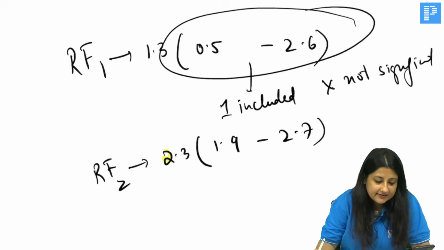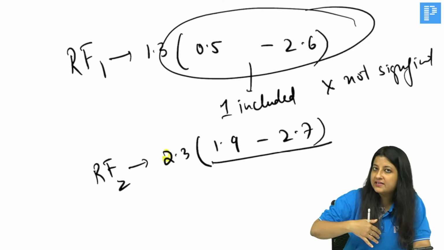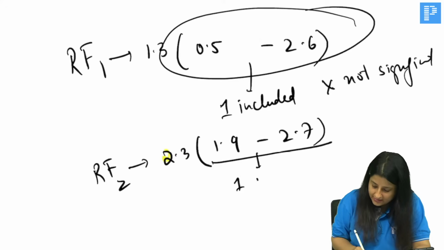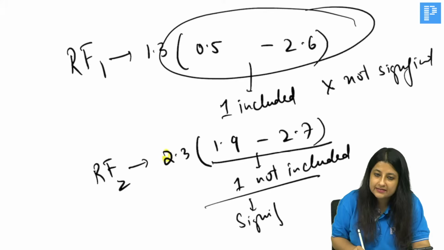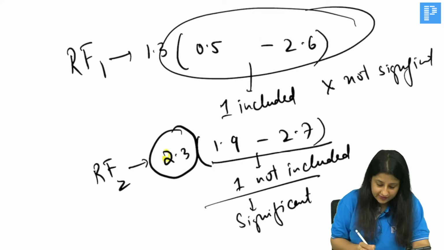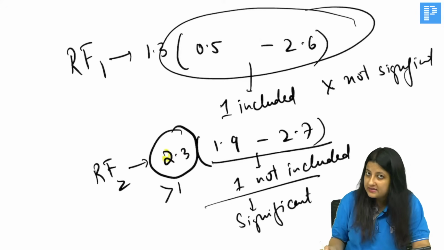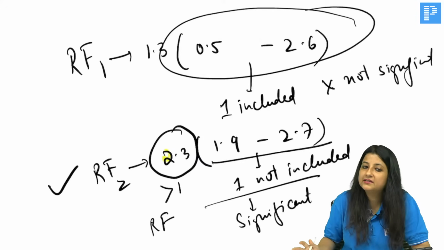Does it include 1? 1 is below 1.9. It doesn't include 1. So definitely this is significant. What is the next thing you will do? You will look at the OR or RR. This value is more than 1, so this is a risk factor. Clear?